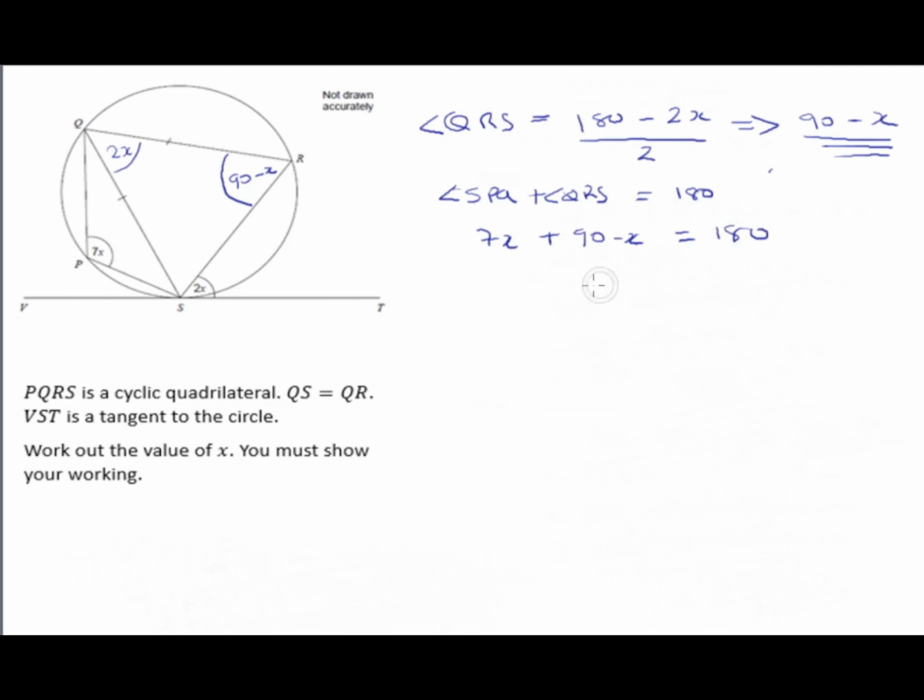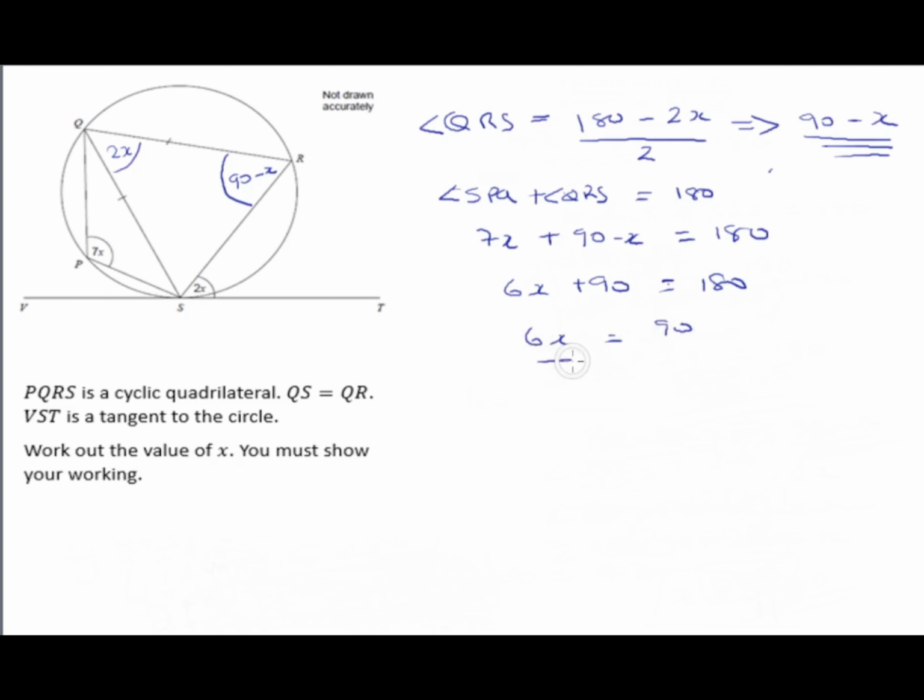Well, simplify this side, then we solve. So 7x minus x gives us 6x. So we have 6x plus 90, which is equal to 180 degrees. Good, so we're going to subtract 90 from both sides. So 6x is equal to 180 minus 90. That's going to give us 90.